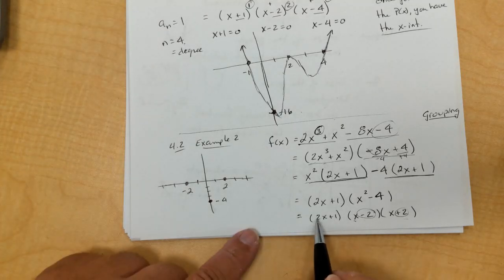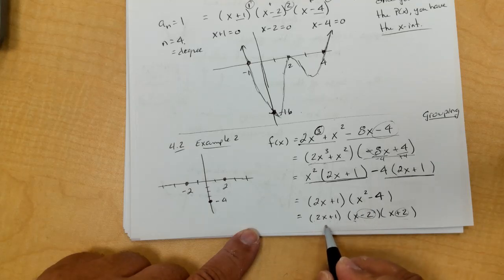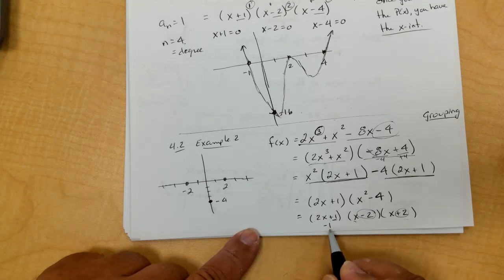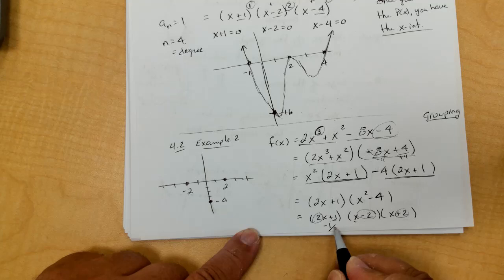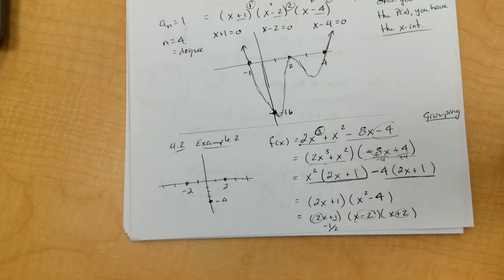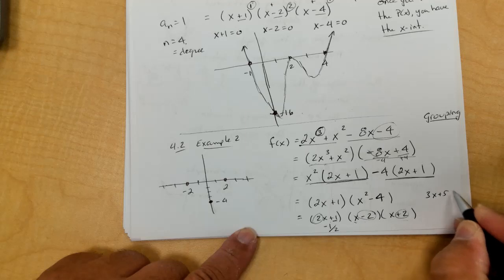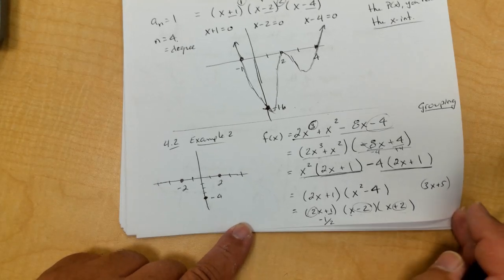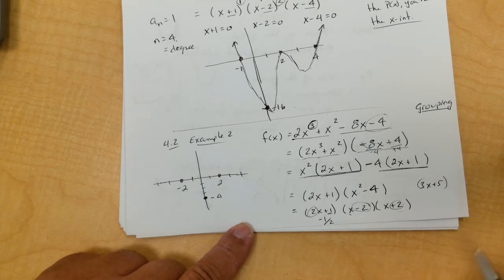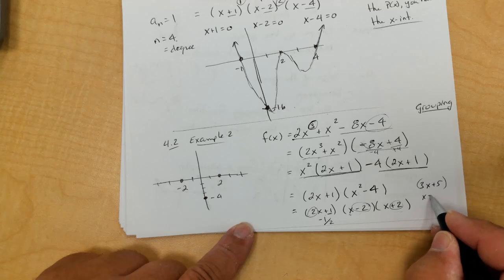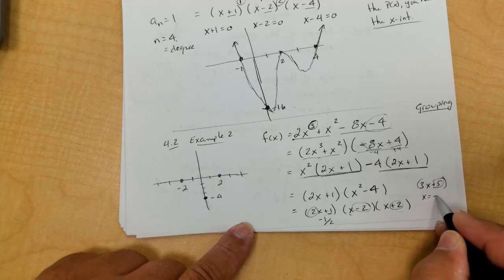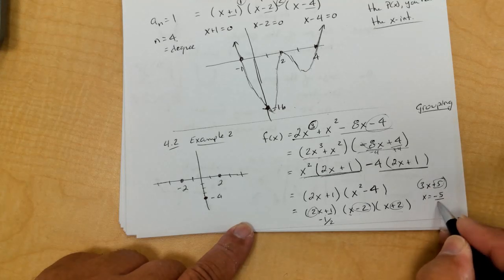Now, whenever x has a coefficient, it's going to be -1 divided by whatever that is. So if I had 3x plus 5 as my intercept, that would be at -5 over 3.